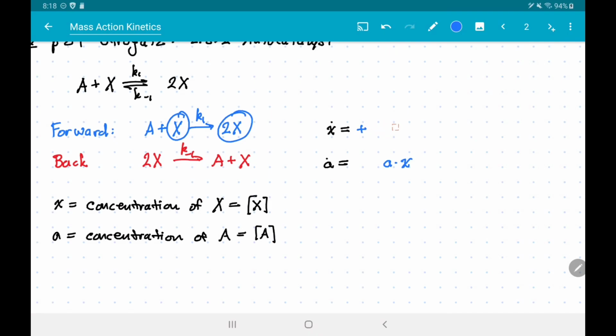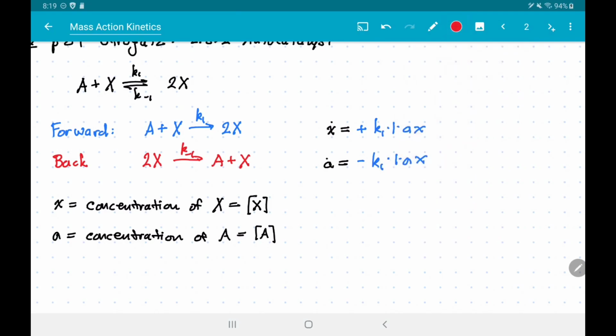Let me move this over. So plus AX. If you look at the A's, there's one A in the reactants, and there are no A's on the other side. So we have lost 1 unit of A, and we need a constant of proportionality on these terms. So that's where the k1 comes from. So that's incorporating the forward reaction into the differential equations.